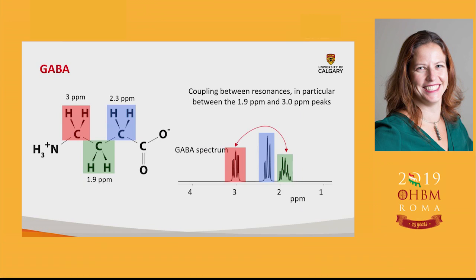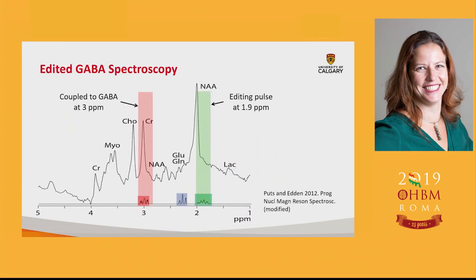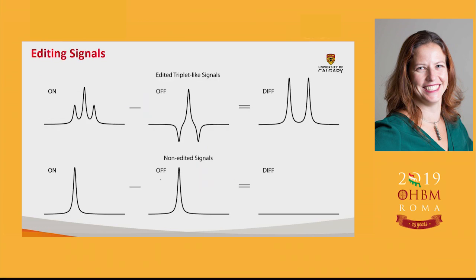I'm going to fly through these first couple slides just because they're repeating what Robin has just said. GABA is a coupled molecule, and we edit GABA in order to measure it by applying a frequency-selective editing pulse at 1.9 ppm and then observing the coupled GABA signal at 3 ppm. And as was said, GABA is measured through a difference experiment.